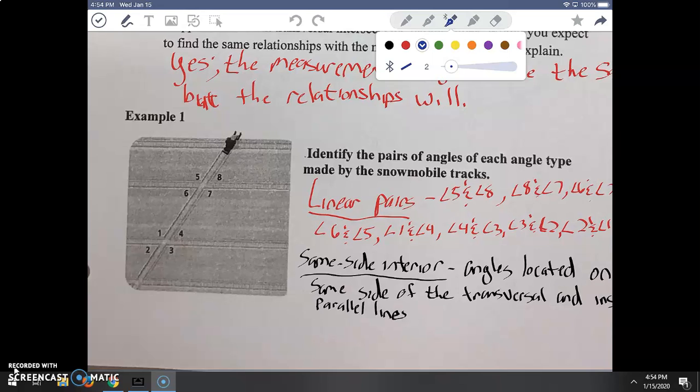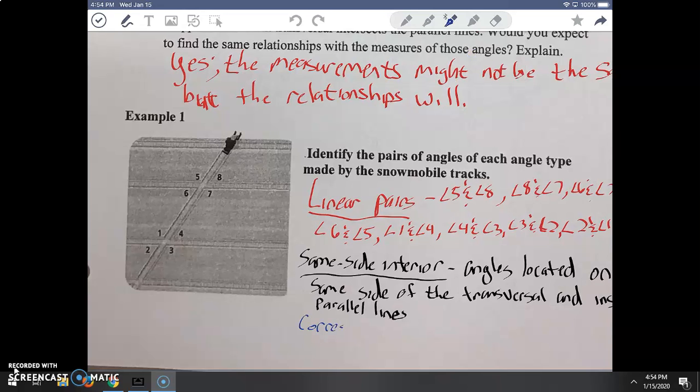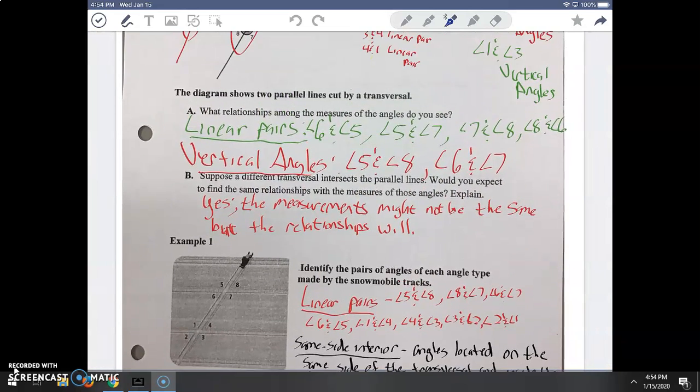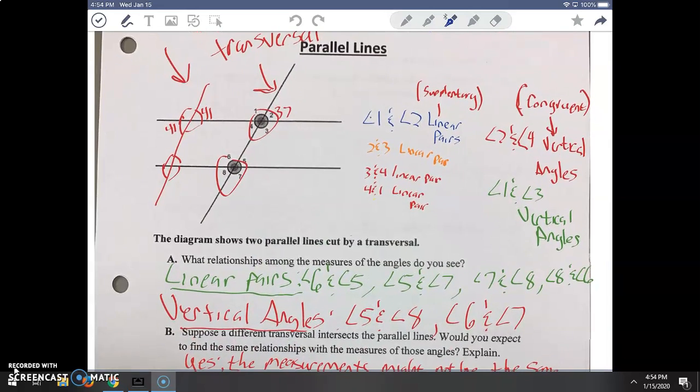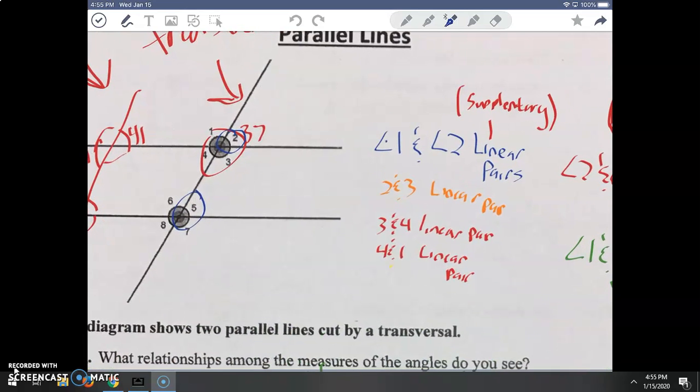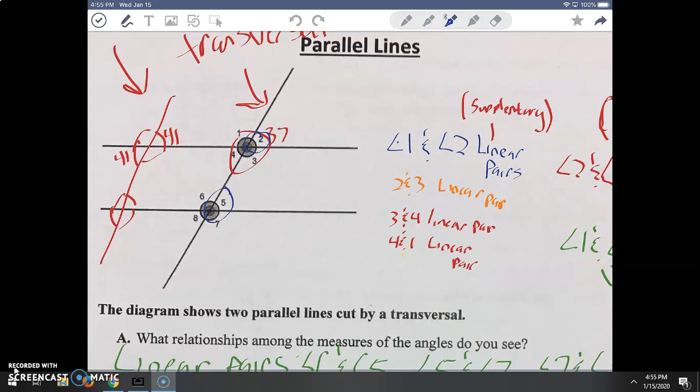Now, corresponding angles are roughly about what I talked about a little bit above. Here, we were talking about how angle 2 was basically in the exact same spot as angle 5 and has the same relationship. Angle 2 at this intersection is the top right.